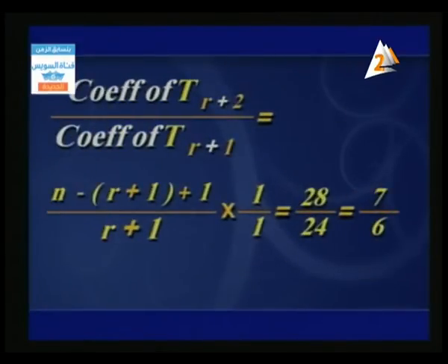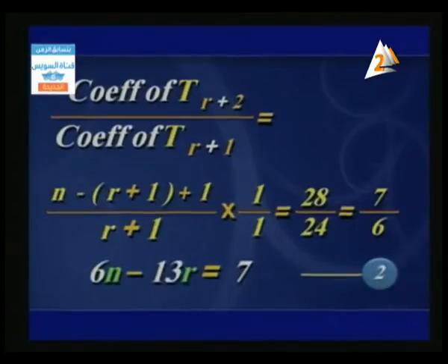Coefficient of T_(r+2) over coefficient of T_(r+1) equals (n minus (r plus 1) plus 1) over (r plus 1) times 1 over 1, equals 28 over 24, equals 7 over 6.